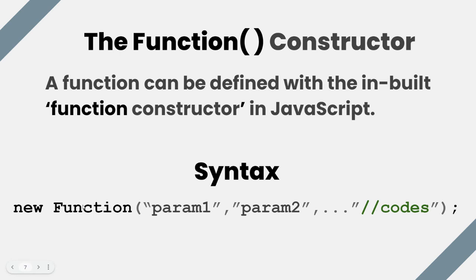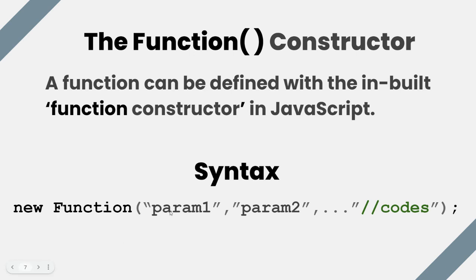Now, this Function we have here is not a keyword, because the keyword is actually in lowercase completely. Here we have the Function capitalized, where the F is a capital letter as opposed to the rest of the letters. So the Function here is a method and not necessarily a keyword.